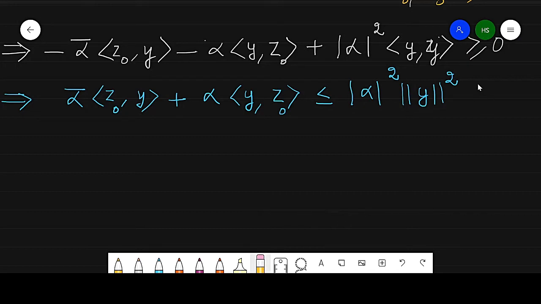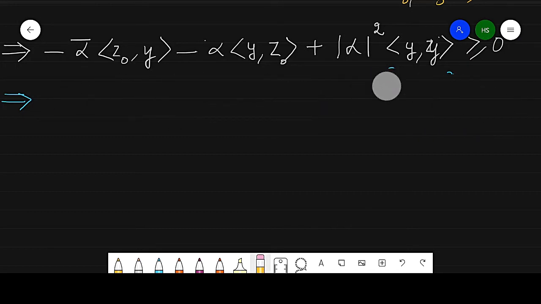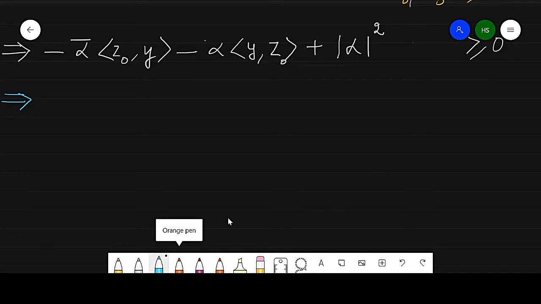We just write this inner product as the norm of y whole square, which is greater than or equal to 0. Now this condition is true for every alpha. What is alpha? Alpha is some scalar.